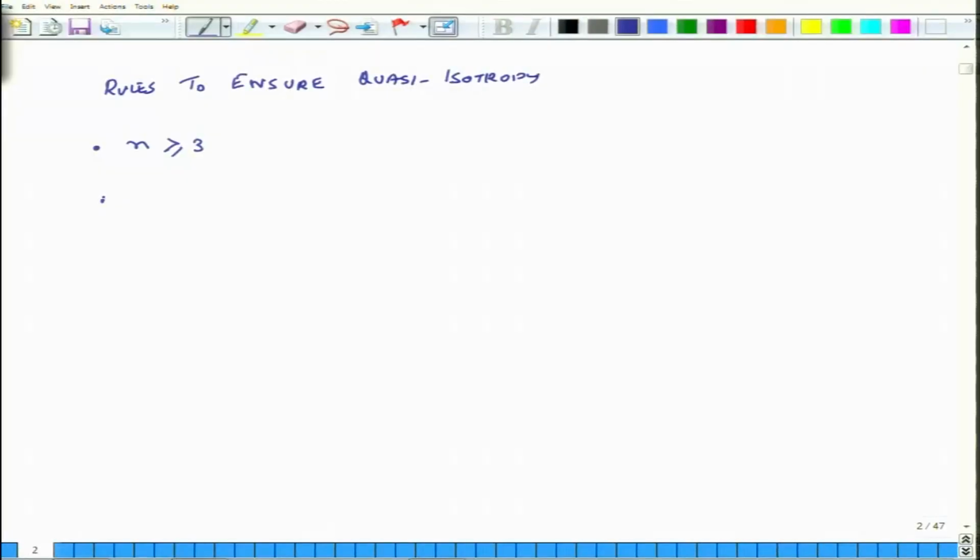The second is that each layer should have the same Q matrix. I am not talking about the Q bar matrix, but the Q matrix should be the same, which means that the material system for each layer should be the same. The third one is that each layer should have the same thickness.